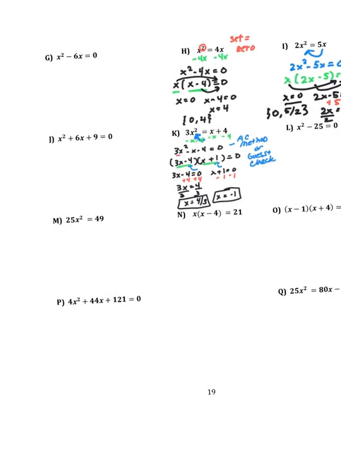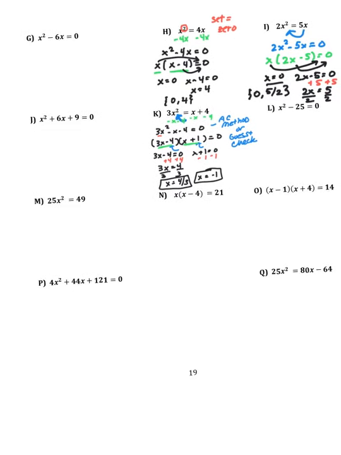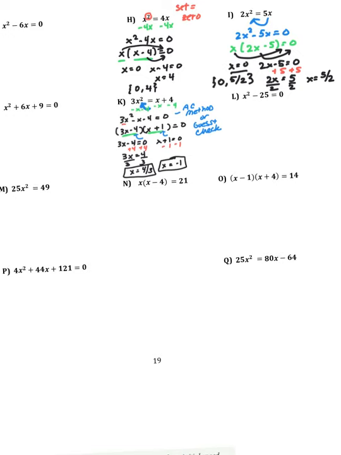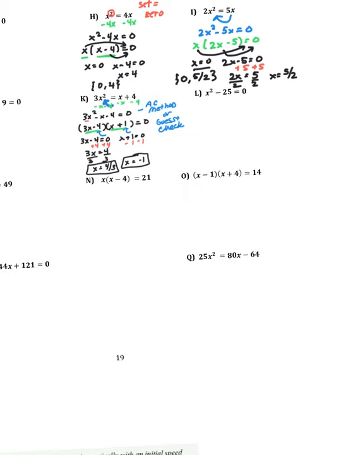Alrighty, which ones look like could be challenging? Let's look at M or N or O here. Let's see. Let's go for letter O. Looks like it's a little bit more work. Let's see. The very first thing I notice is that it's not set equal to 0, right?